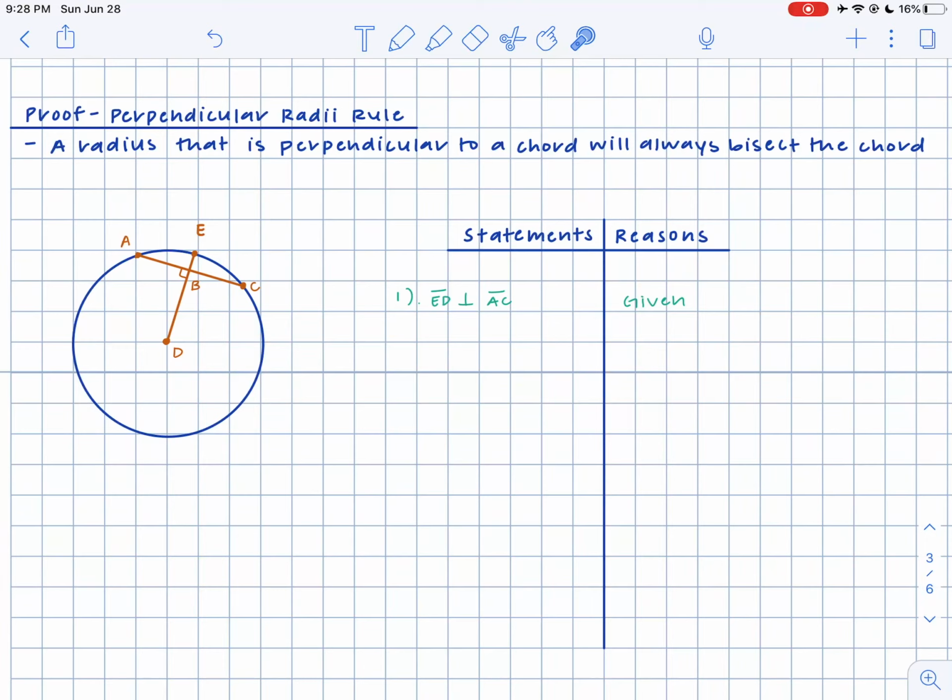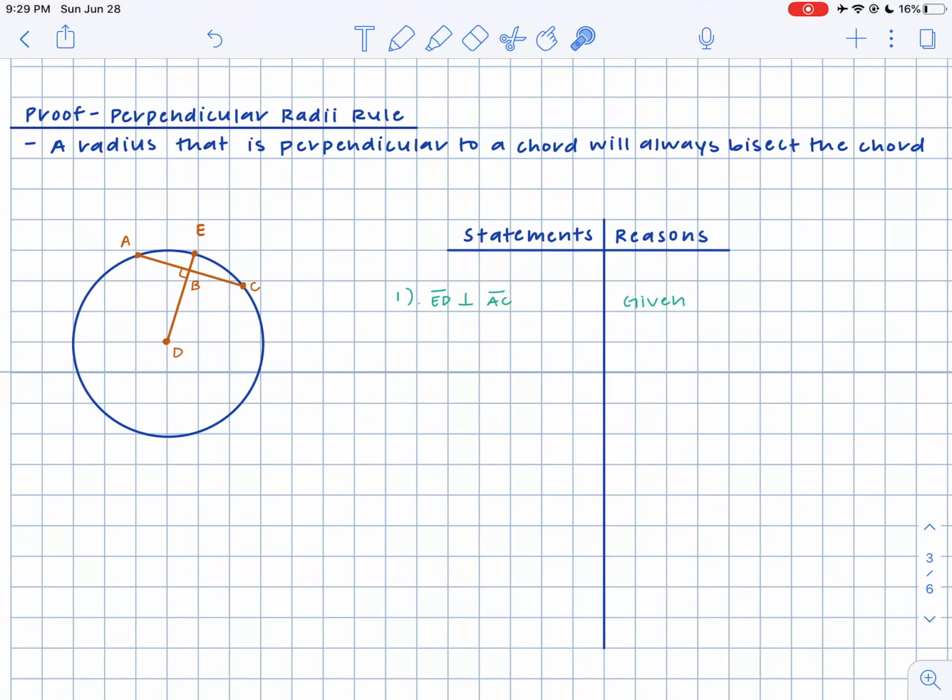Will always bisect the chord. And remember, what does it mean to bisect the chord? It means we'll divide it into two equal parts. So we want to prove that segment AB is congruent to segment BC. That is what we're trying to prove for this rule. Okay, so that's our goal.